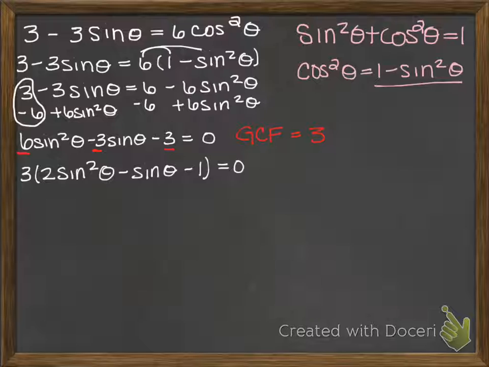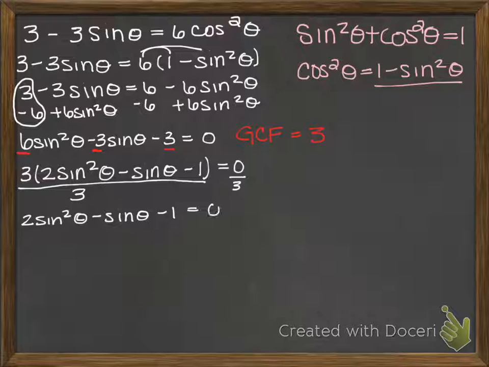That way if I put the 3 back in, I would get a 6 and a 3 and a 3. Alright, next I want to divide away this 3. I don't need it. When I divide away the 3, I end up with 2 sine squared theta minus sine theta minus 1 equals 0.